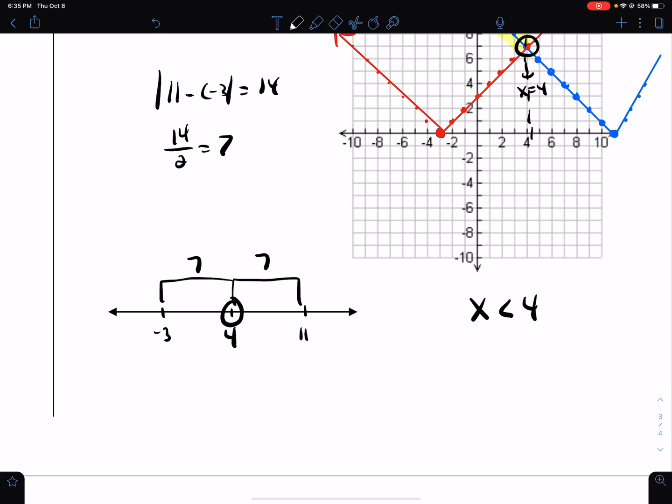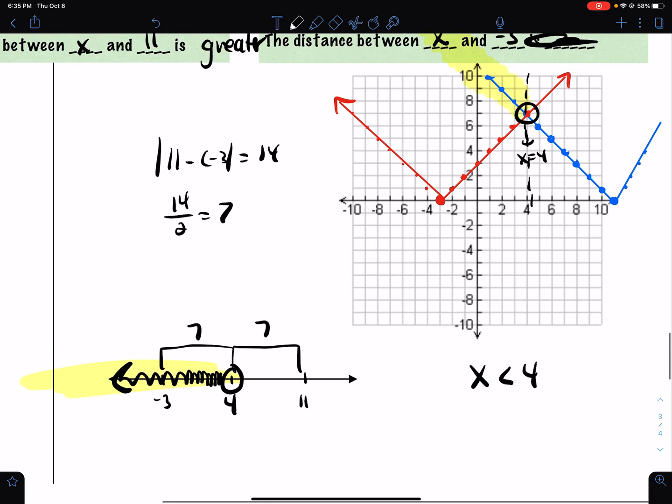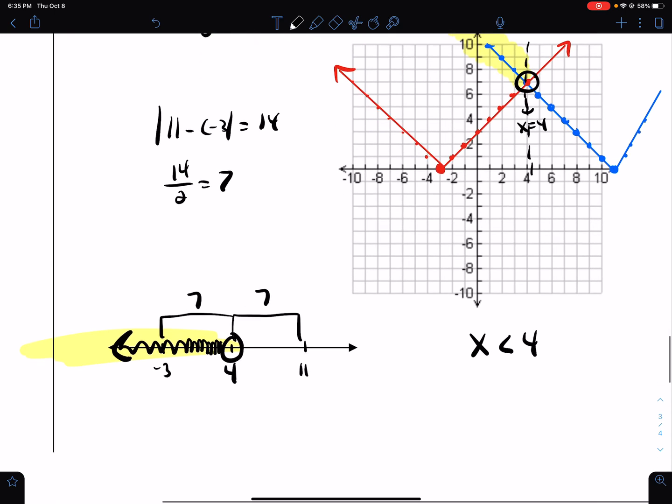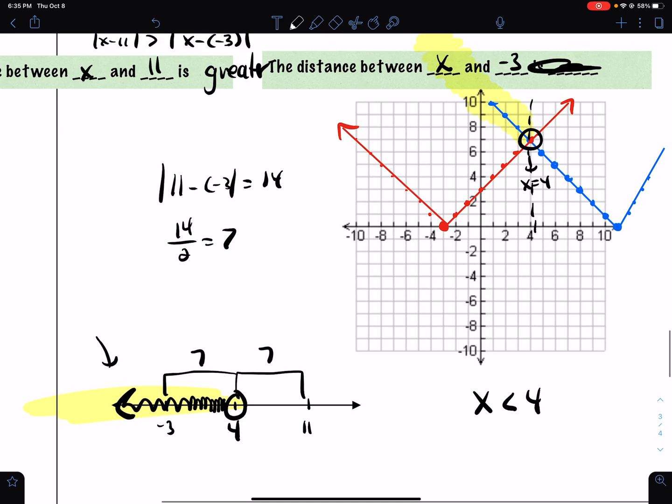If we think about this on the number line, if I choose any number over here, anything I've just shaded in yellow, the distance between that number and 11, if I think about anything over here all the way to 11, won't that always be more than any number over here to -3?